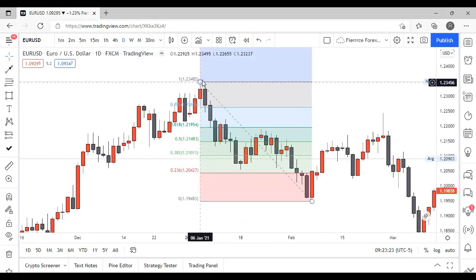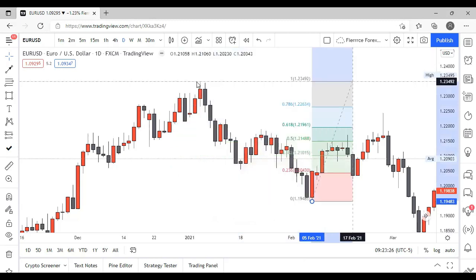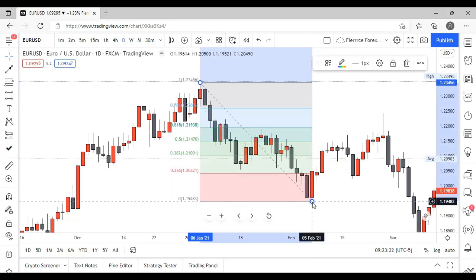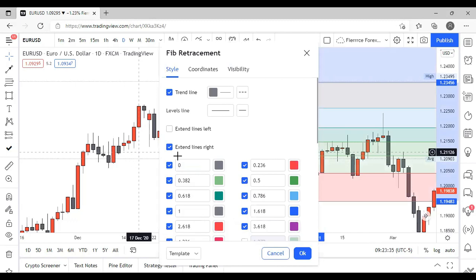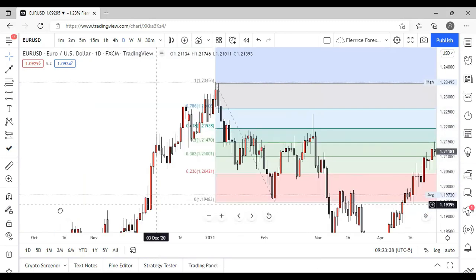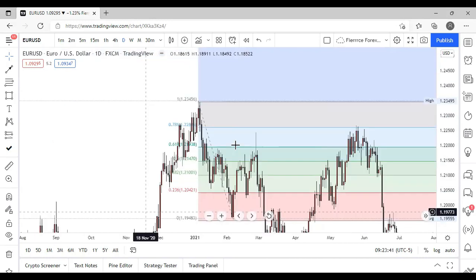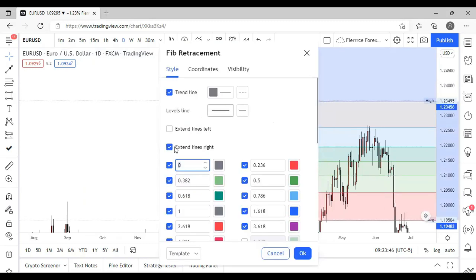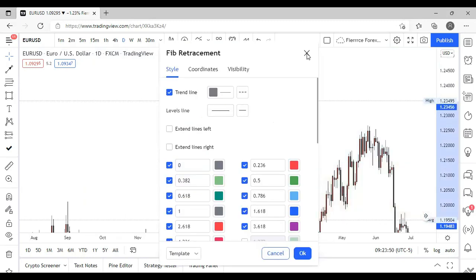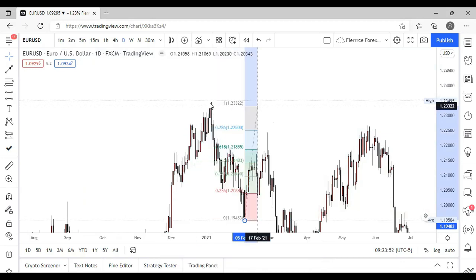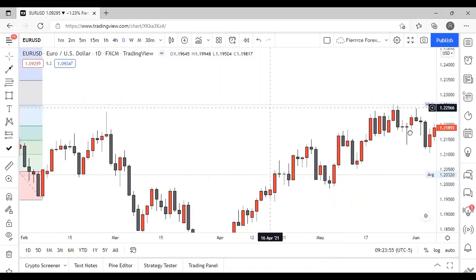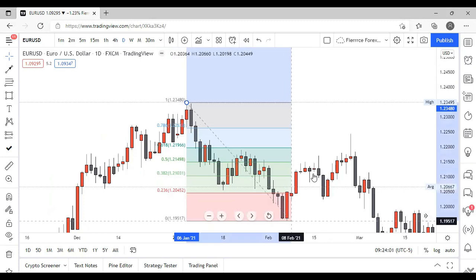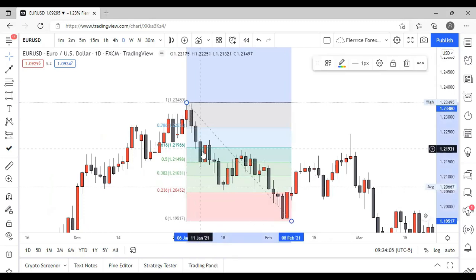As it's pushing down, I want it to be on the right so that we can see this a bit better. Okay, now we can see this a bit better. I think I've just taken it back to where it was anyway. Swing high, swing low, price pushes down.